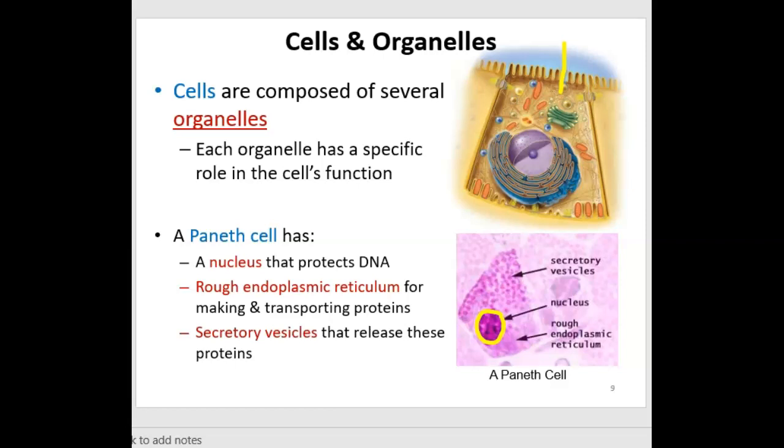And then also visible on the diagram on the top are many other organelles, like this blue structure that surrounds the nucleus, which is the endoplasmic reticulum. And we'll talk about that. It has a lot to do with proteins being made inside the cell, as well as lipids. So we'll talk about that later.